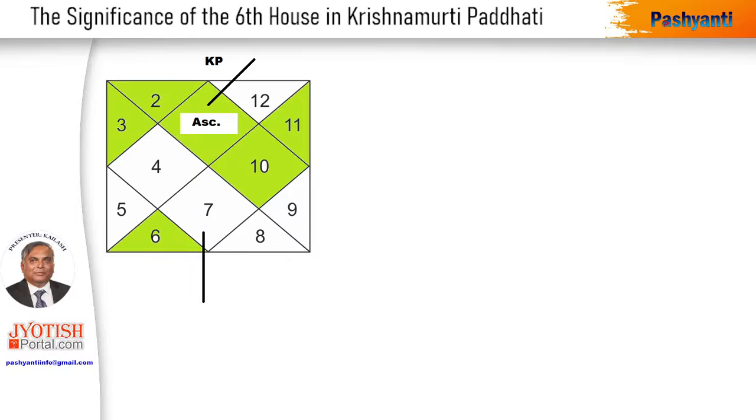Now when it comes to gain and loss, the 12th house indicates your loss. The 12th house is the house of loss for you. This is a very bad house when it comes to gain and loss. In traditional Parashar Jyotish also, the 12th house is a bad house.